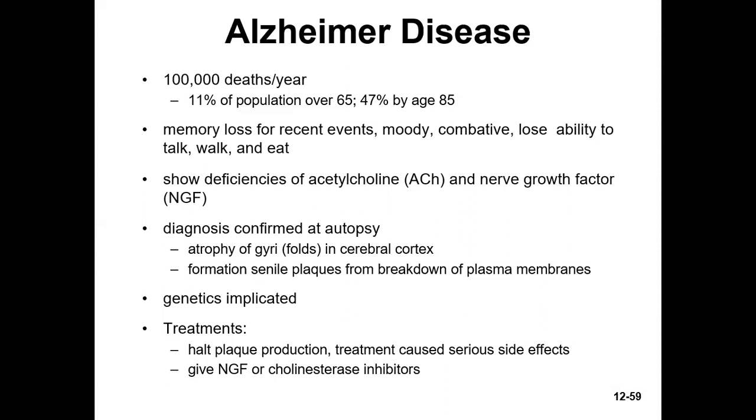They have been shown to have deficiencies of acetylcholine and nerve growth factor. I would go here and also say there is a potential dopamine deficiency, maybe, or something is not working with dopamine.